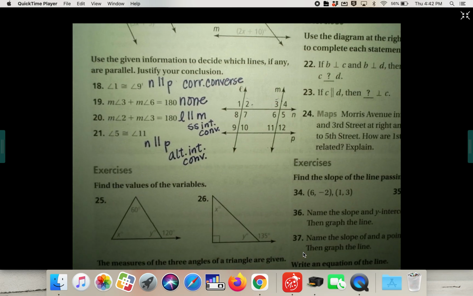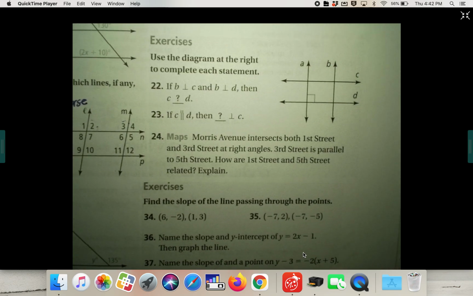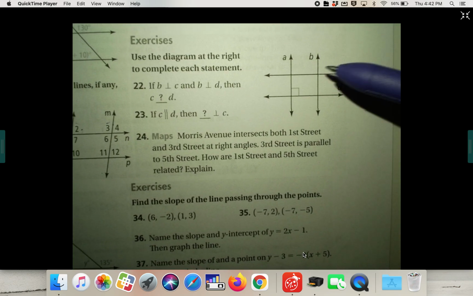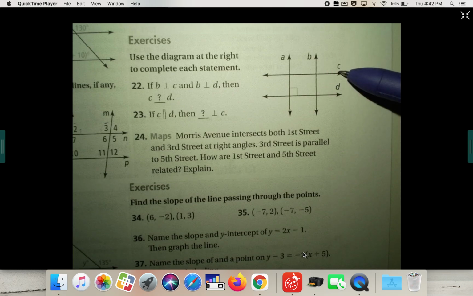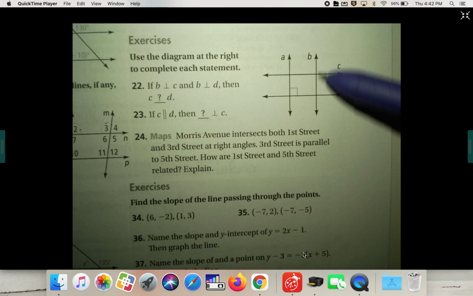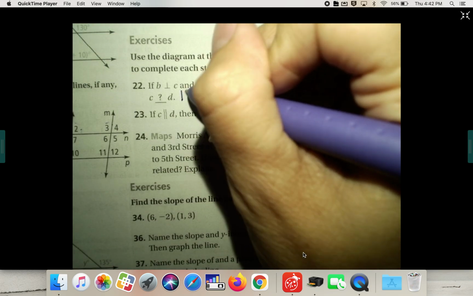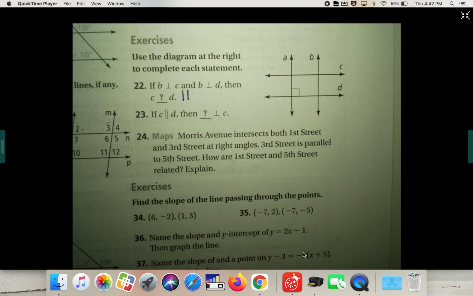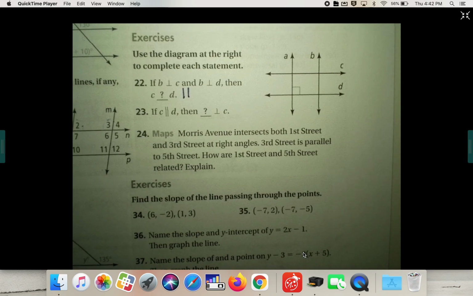All right, going over here to 22, 23, and 24. 22, if B and C are perpendicular and B and D are perpendicular, then the relationship between C and D is they are parallel. And you don't have to name these theorems, you just need to know them.